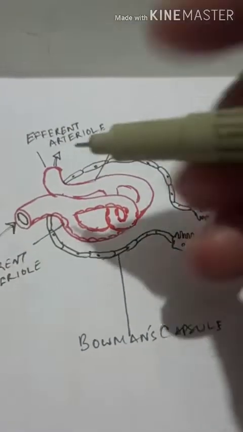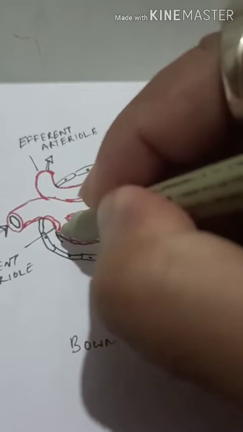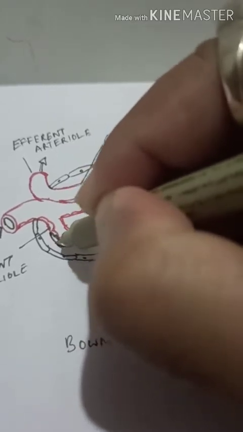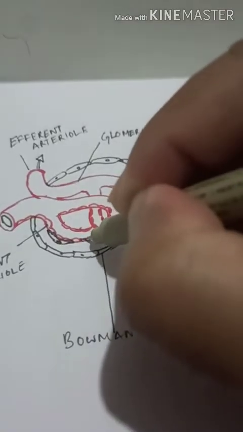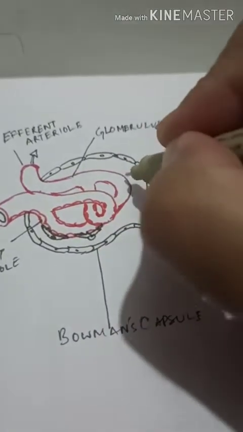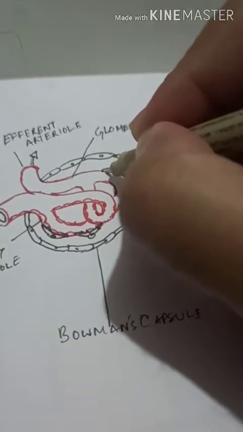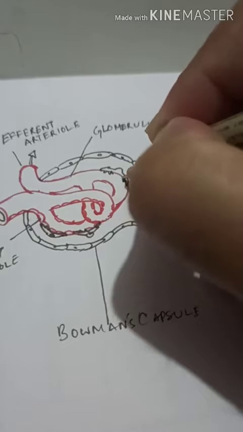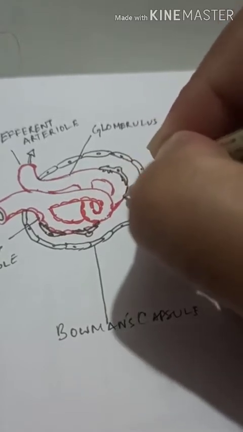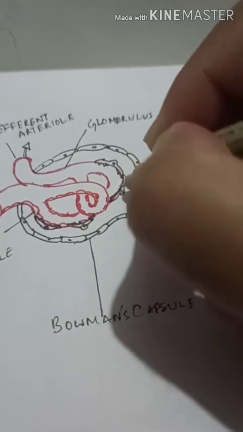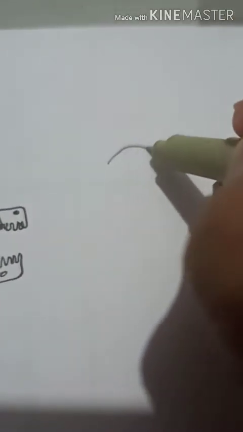Right there we will find a special kind of cell, which is the inner layer of the Bowman's capsule. This cell has a particular structure. I'll draw it separately so that you understand. All of these cells have this kind of shape.